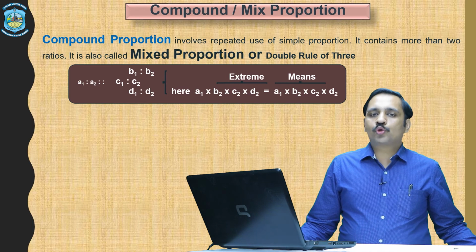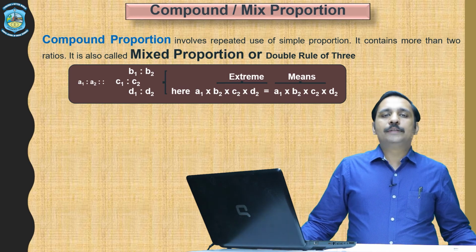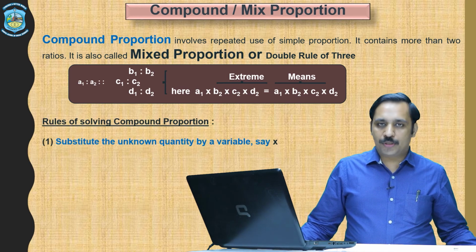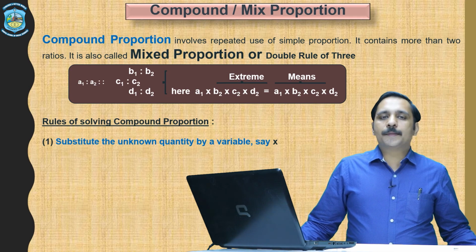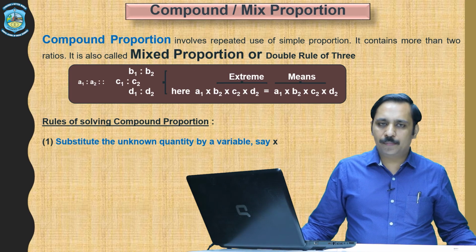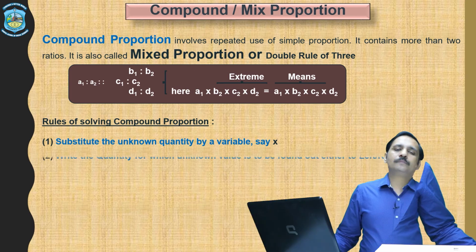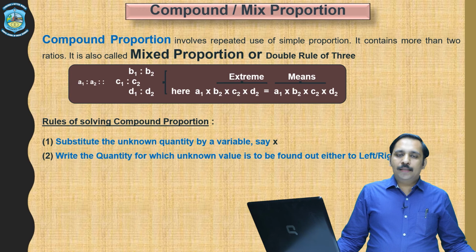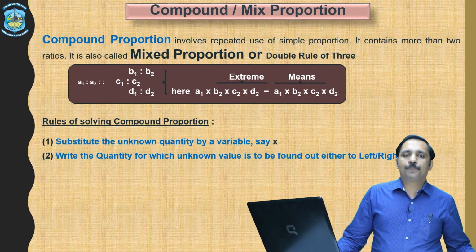Now there are some rules to solve a compound problem. The rules for solving compound proportion are: first, substitute the unknown quantity by a variable, say x. You can take any variable. Here I am taking x. Second point, write the quantity for which unknown value is to be found out either to the left or to the right side.